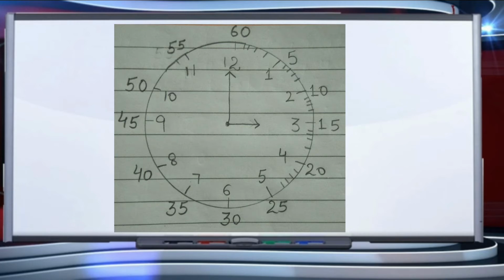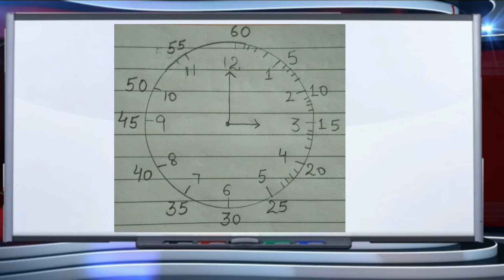And when we are talking about half of the clock, half of 60 is 30. That means the 30 comes on 6 and this is the half of the clock. And when we are talking about quarter, quarter is on 15.